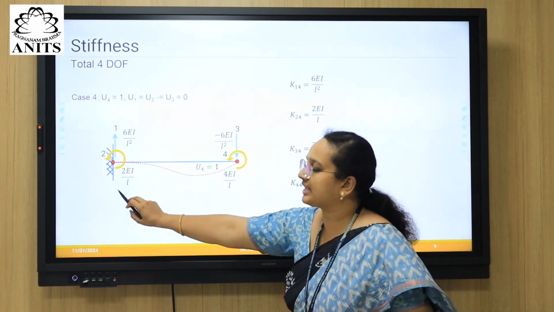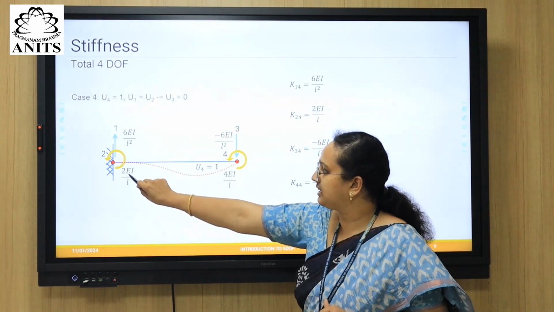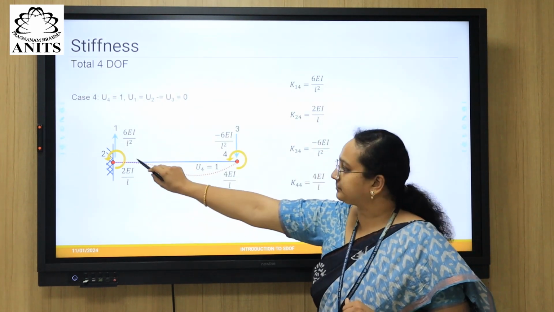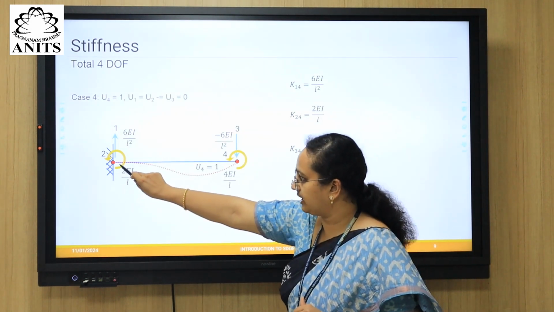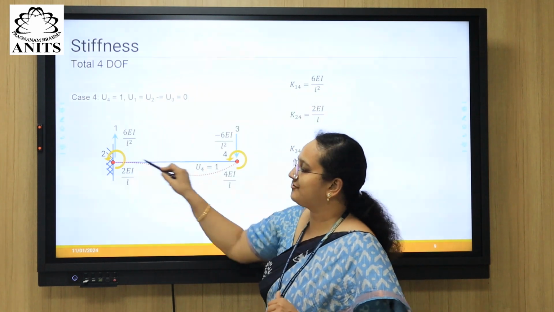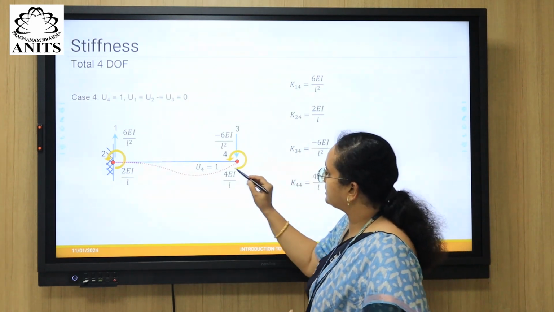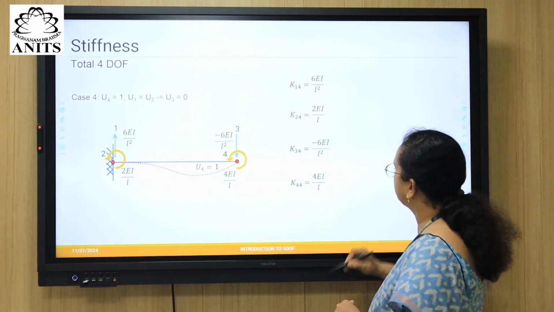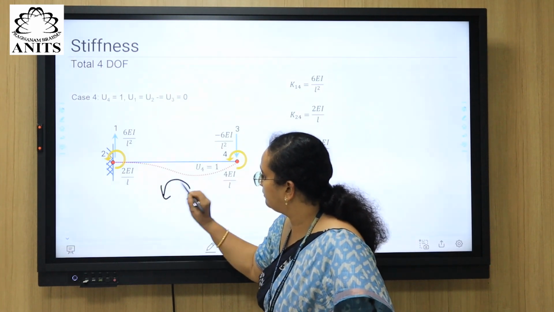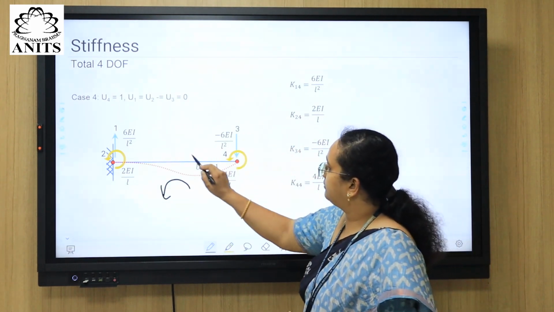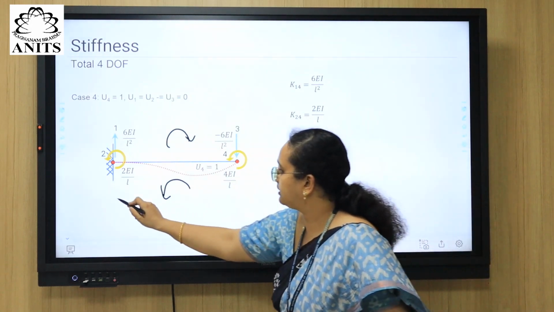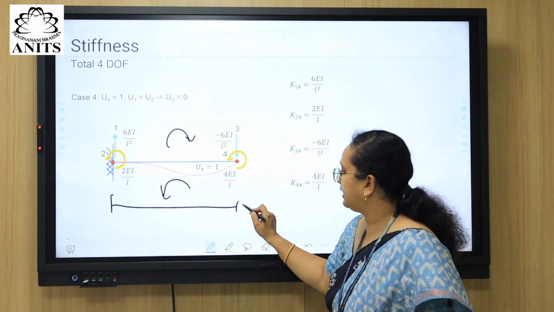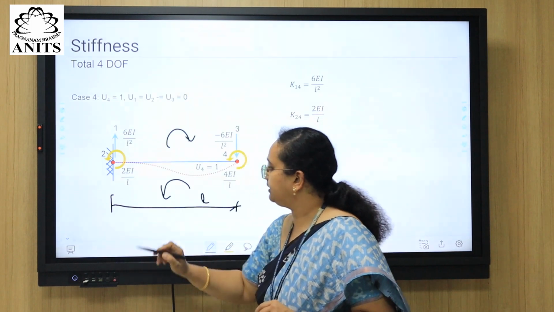Because of this, there is a carryover moment that is developed as 2 EI by L in degrees of freedom 2, that too in anti-clockwise direction, so that this rigid joint will have 0 rotation. Because anti-clockwise moment is being developed completely because of the moments, we need to develop a clockwise moment with the couple, right? The couple separated by length L, right?